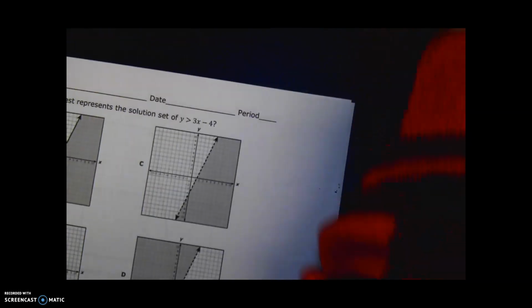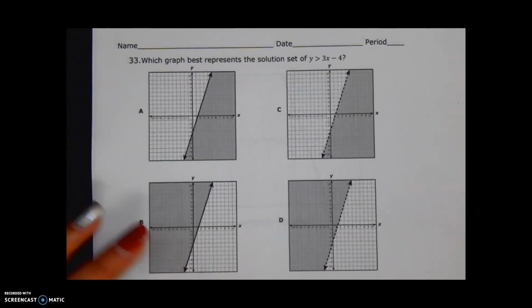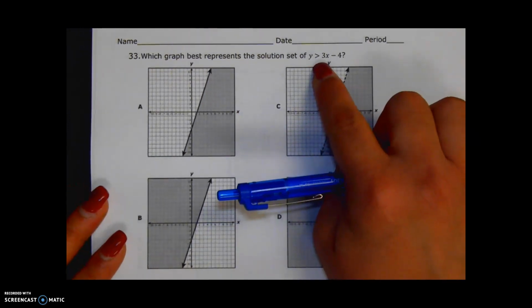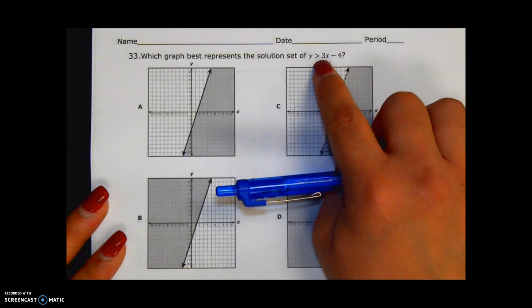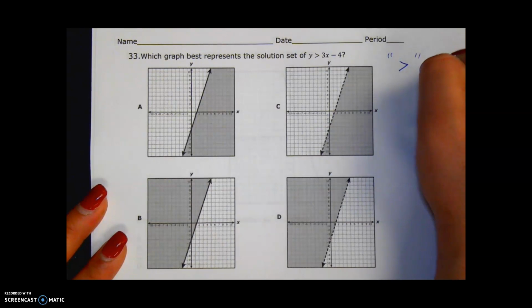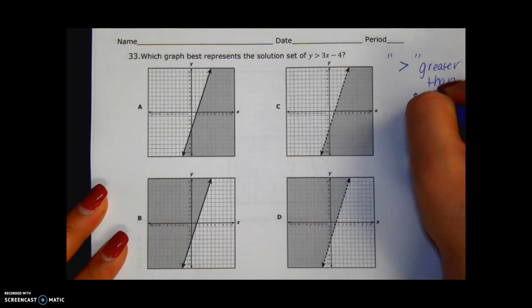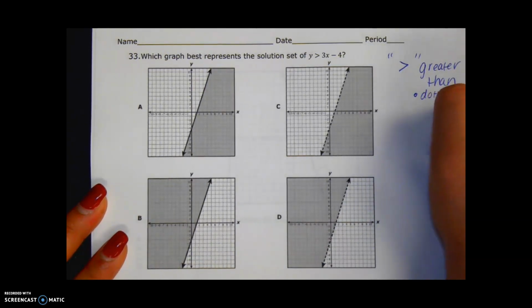Oops. Number 33. So this one, it already gives us the y equals mx plus b form, but it is an inequality. This is greater than, remember. So if it's greater than, there's no line underneath it, so that means it's going to be a dotted line.